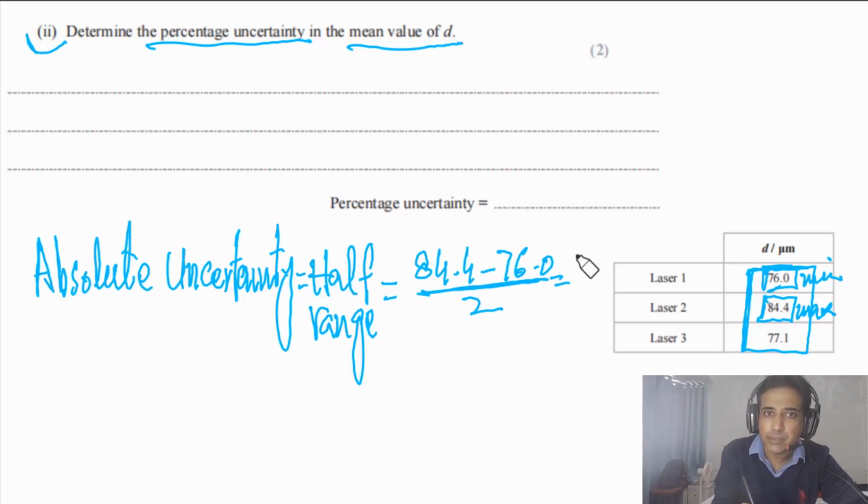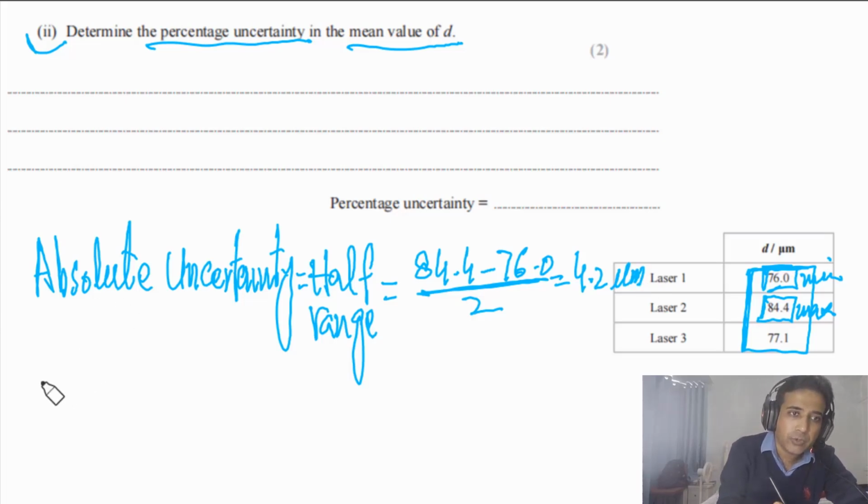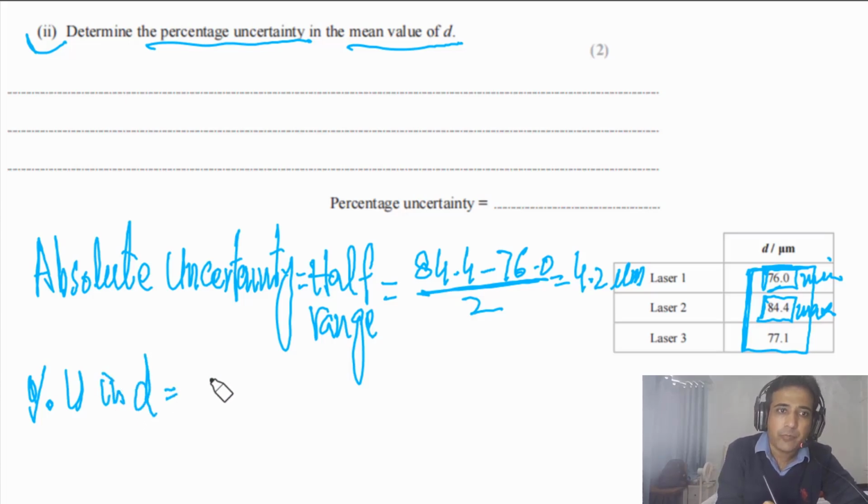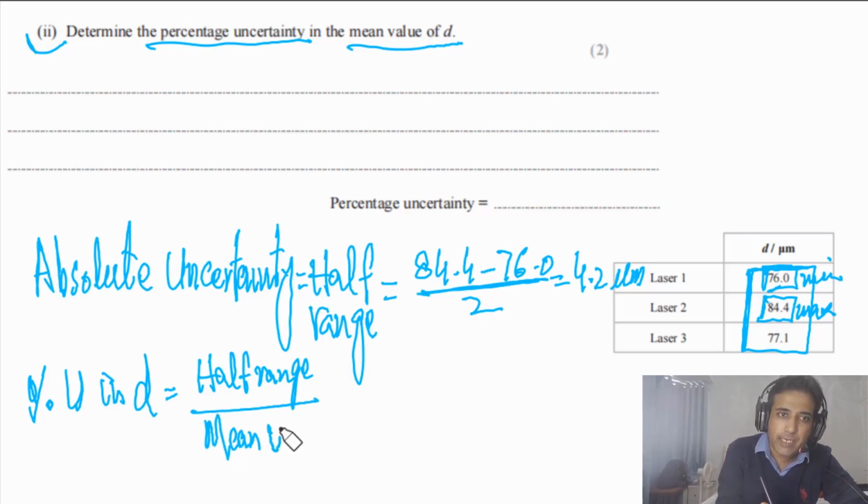So in this case we will get 4.2 micrometers. In order to calculate the percentage uncertainty in d, we have to use the half range, the absolute value, divided by the mean value of d, multiplied by 100.